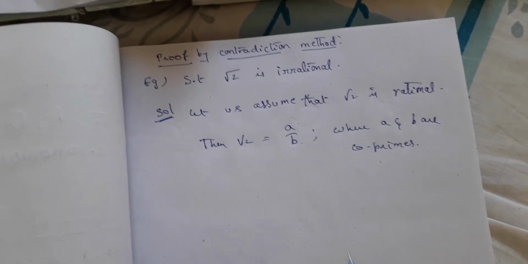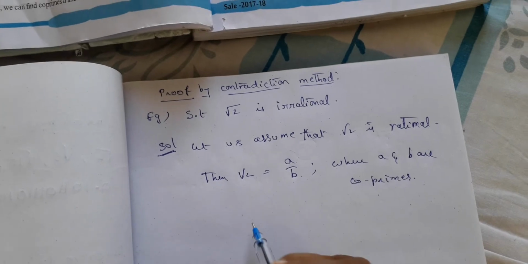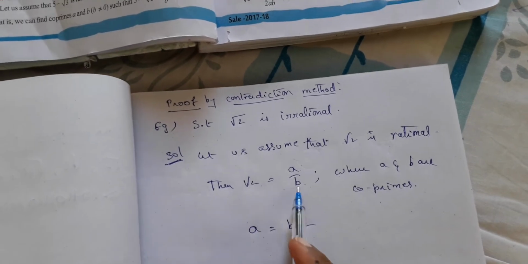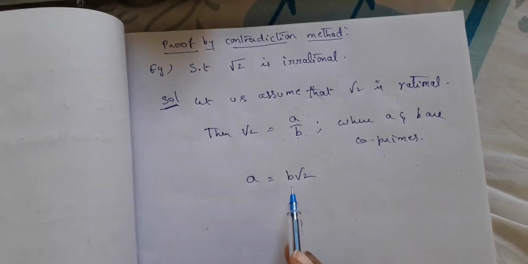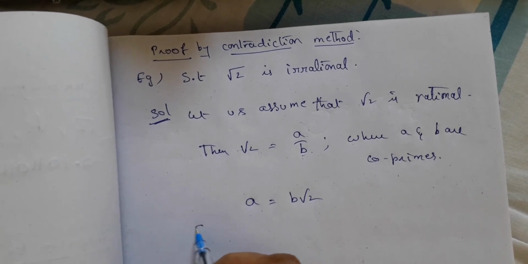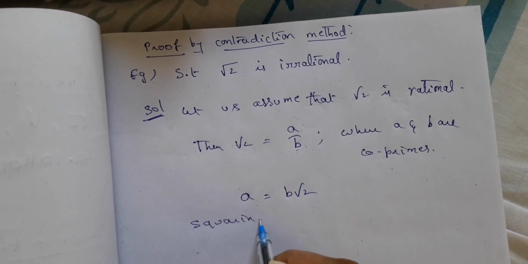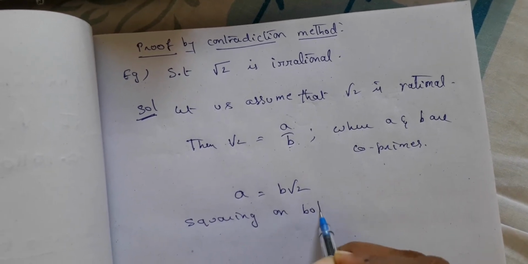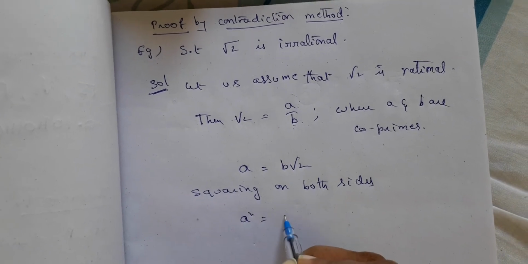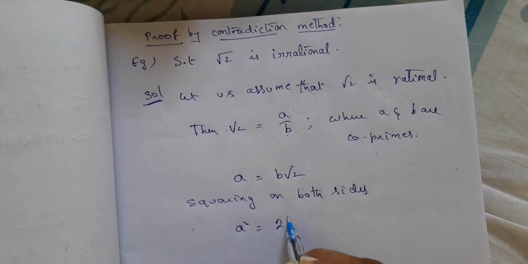Now if this is the condition, then a can be expressed as a is equal to b root 2, by cross multiplication. Now squaring on both sides, you have a square is equal to 2b square.